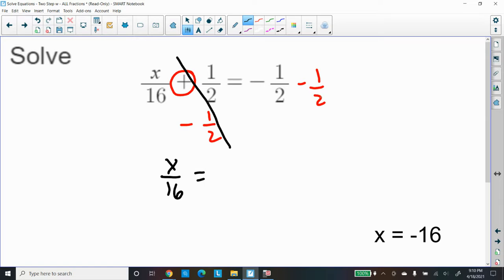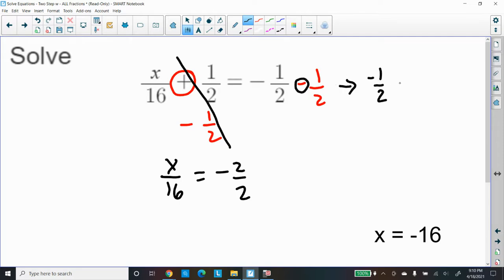And -1/2 minus 1/2 is -2/2. Because remember, the rule for subtraction is adding the additive inverse of the second fraction. So that would really be -1/2.